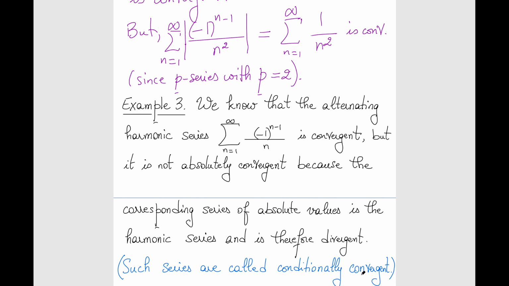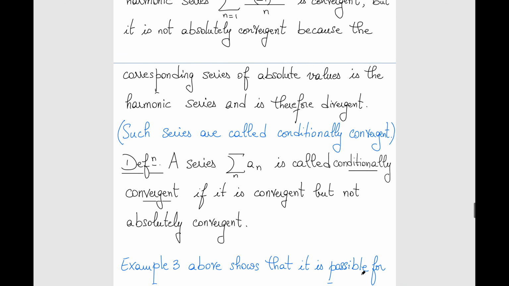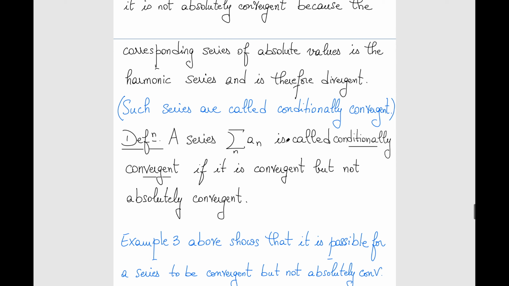Such series are going to be referred to as conditionally convergent. That's the next definition. A series sigma a_n is called conditionally convergent if it's convergent but not absolutely convergent.